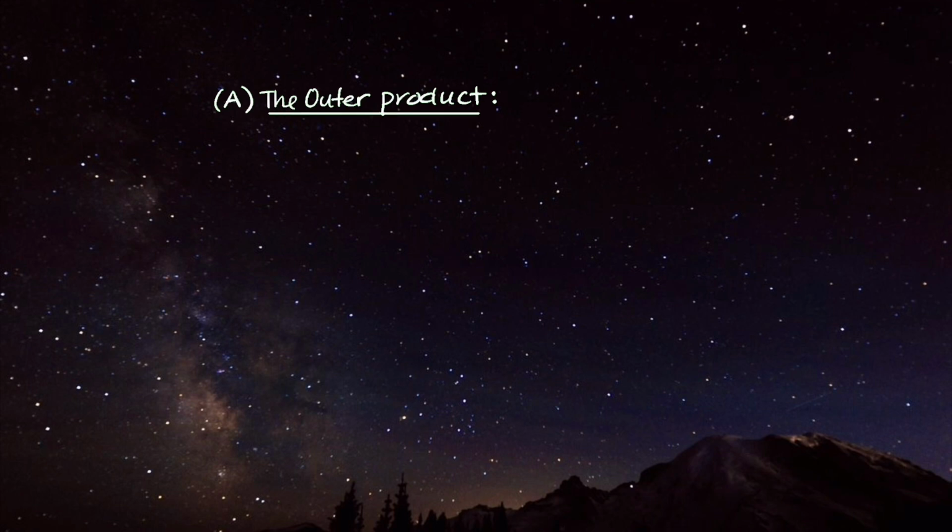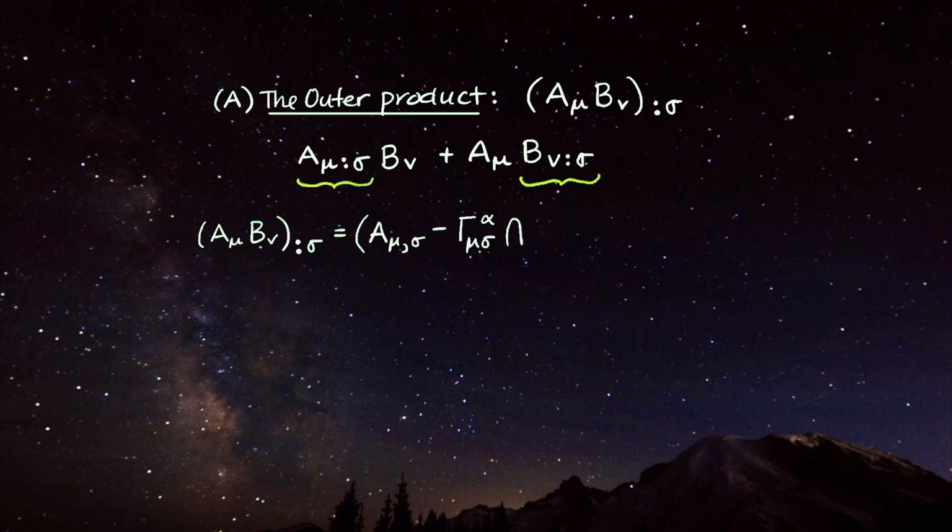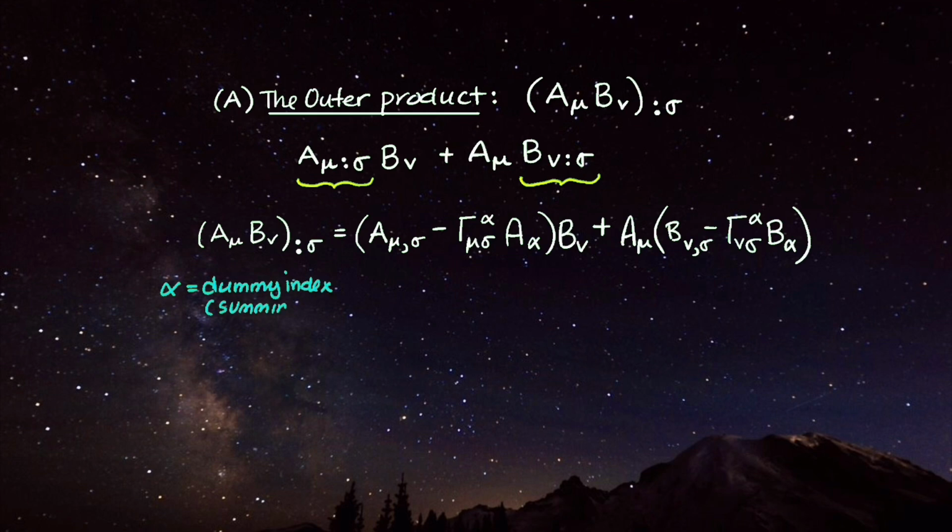So we'll begin with the outer product notation, A mu B nu, and we'll take the covariant derivative with respect to sigma. Expanding out using the product rule, we will do some replacement here of our covariant derivative with the Christoffel symbols in place. Noticing here that alpha is our dummy index or our summing index, and sigma is our differentiation direction index.